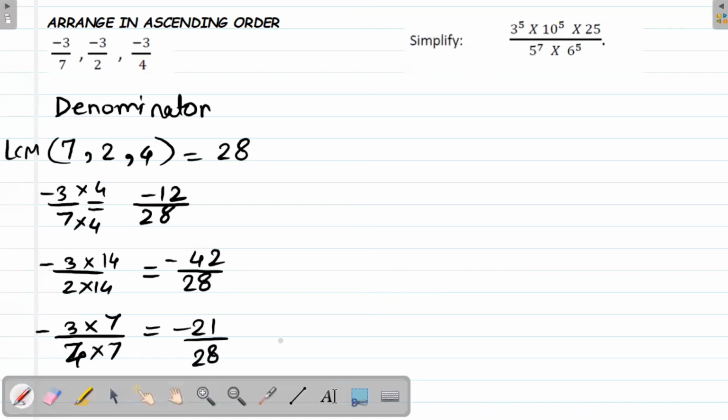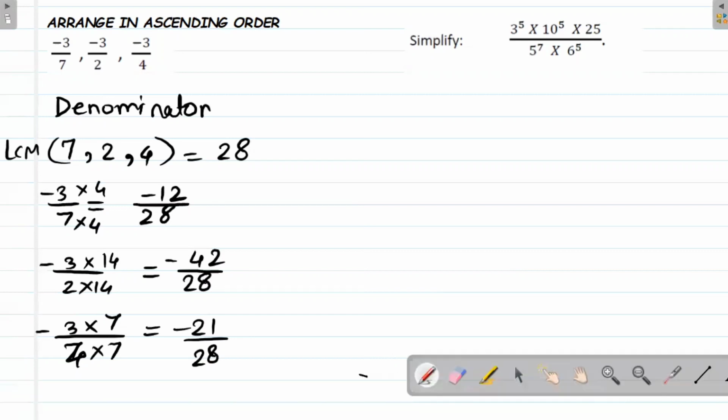Now we can arrange it into ascending order very well. All three numbers are negative, so whichever is the smallest number in value will be the greatest one, right? So for the ascending order, see whose numerator is greater. 42 is the greatest number, but it has a negative sign, so it becomes the smallest one.